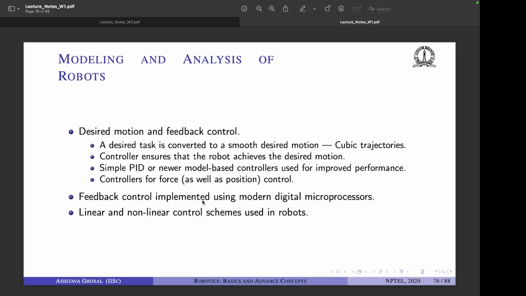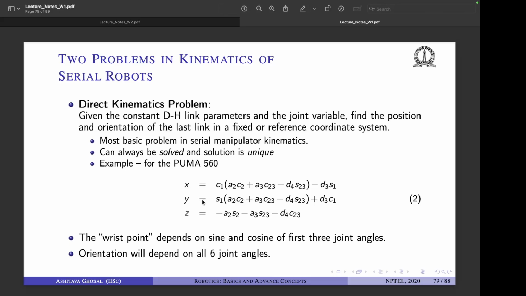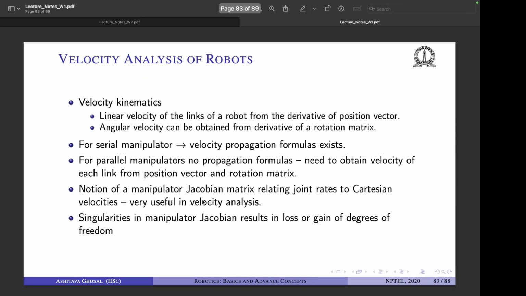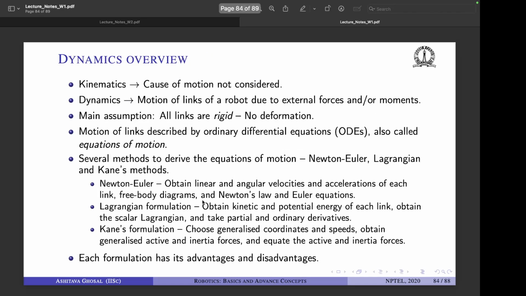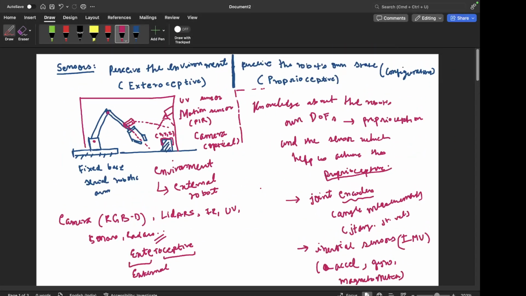So what I would do now is, degree of freedom we have discussed, and I think we can start with kinematics, a brief description of what is kinematics and dynamics. Okay, maybe I'll just use the remaining time to describe forward kinematics and inverse kinematics.